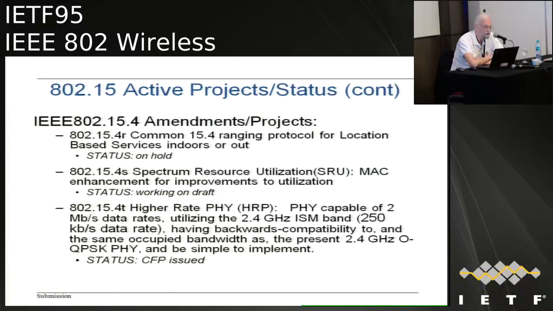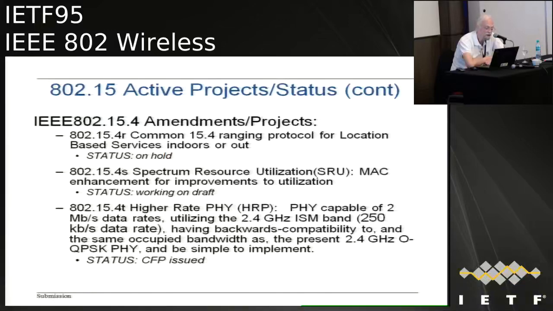Spectrum resource utilization, just to make better use of the available resource. And now we have a new group just approved a few months ago, 15.4T for higher rate PHY. Here the idea is that they would like to have something pretty much backwards compatible to the original 250 kilobit per second data rate 15.4.